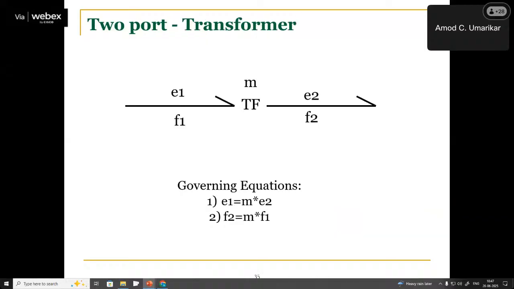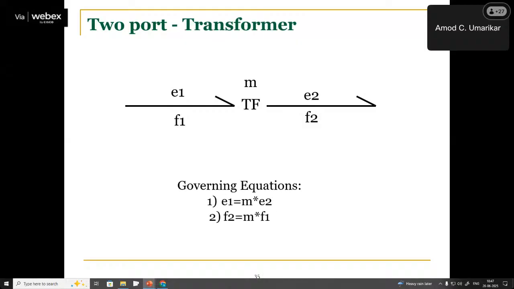Now the transformer. The transformer has two bonds associated with it, E1 and F1, E2 and F2, and there is a modulus M. So E1 is equal to M E2 and F2 is equal to M F1.